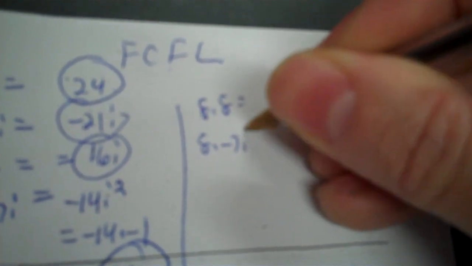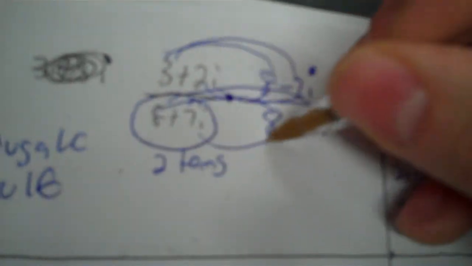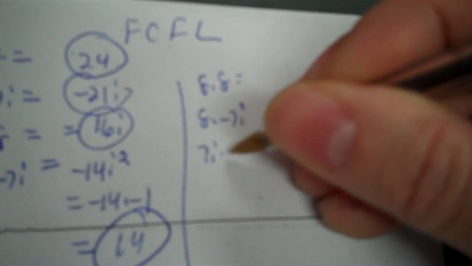Now the bottom, remember we want to get rid of the i, and this is going to happen. So you distribute 8 times 8, 8 times negative 7i, 7i times 8, then 7i times negative 7i.